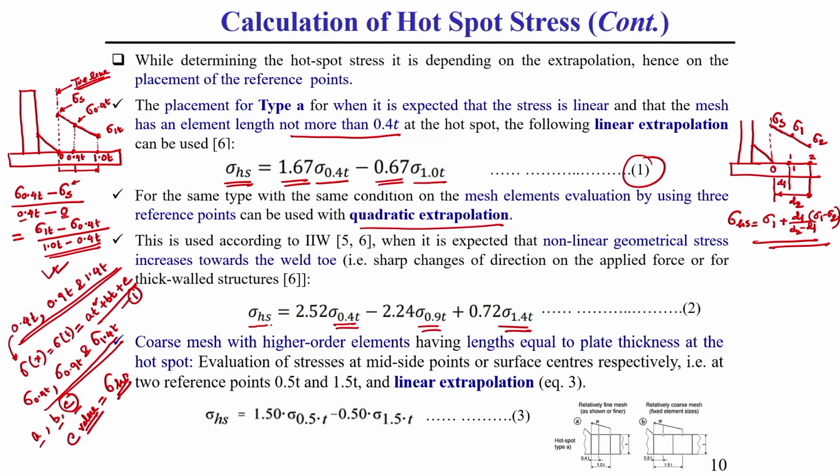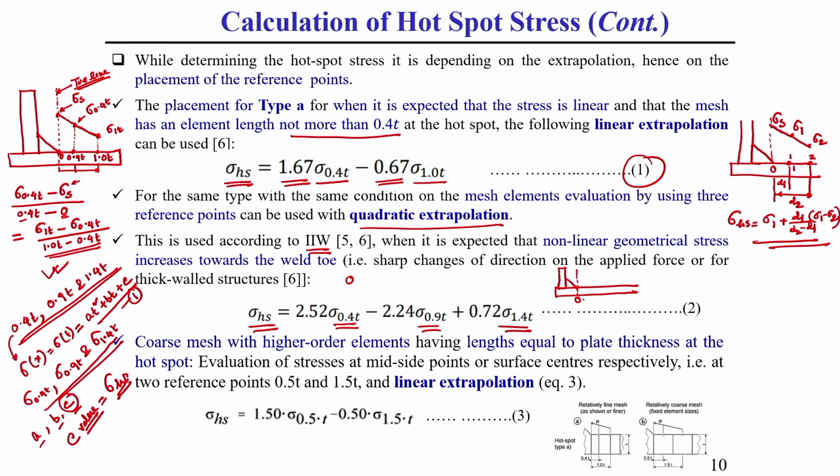This C value we have calculated according to the IIW standard, considering the mesh size less than or equal to 0.40. The stress points we have taken at a distance from the weld, this is the weld toe, this is the origin point.